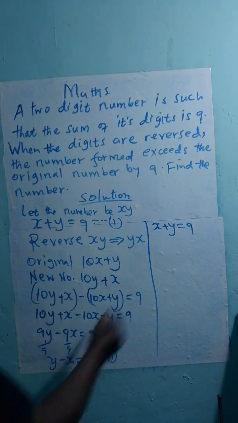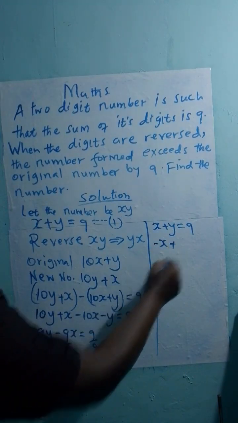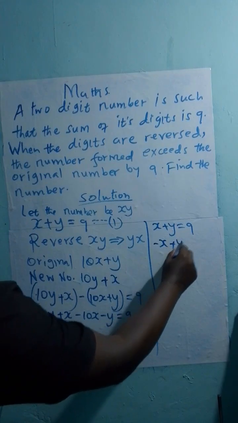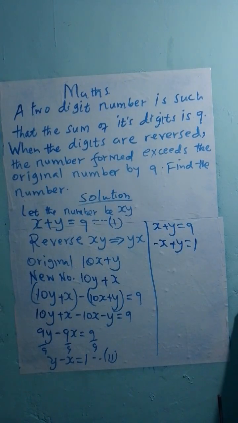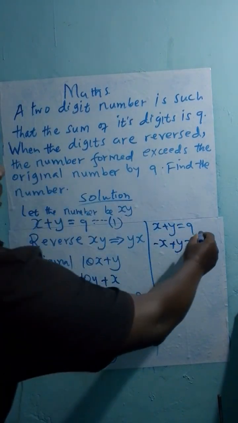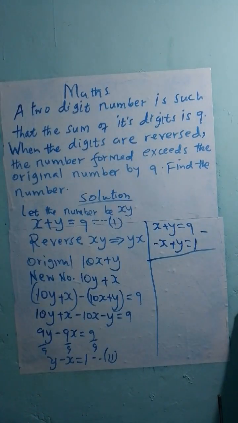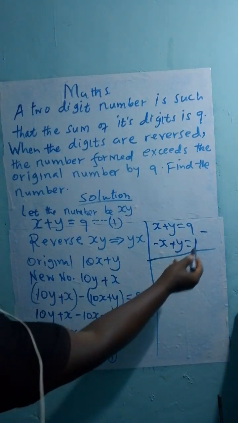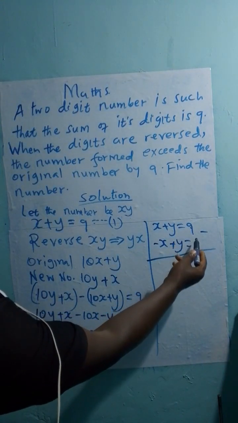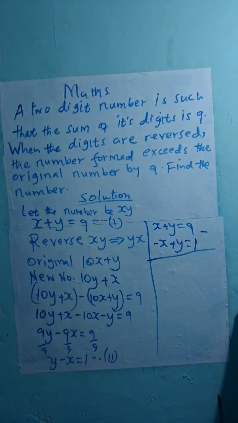I want to start with x, negative x plus y equal to 1. Now use elimination, subtract. Let us eliminate y. So y is 0. 9 minus 1, 8.